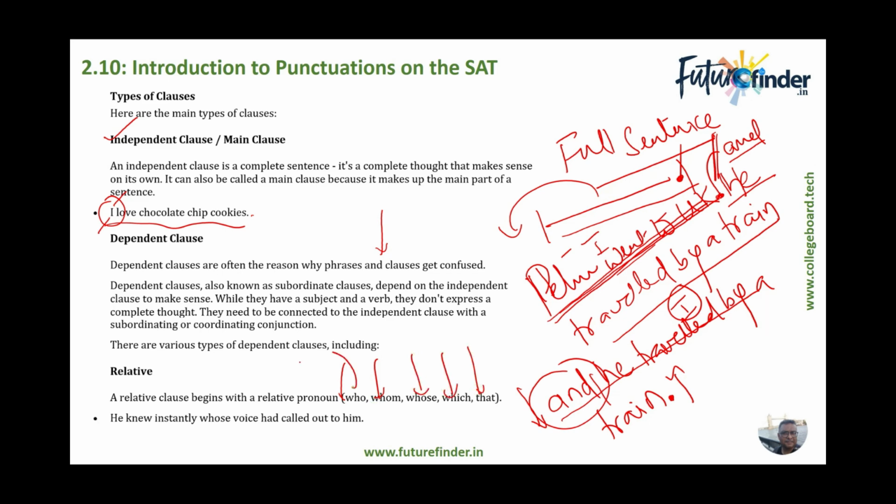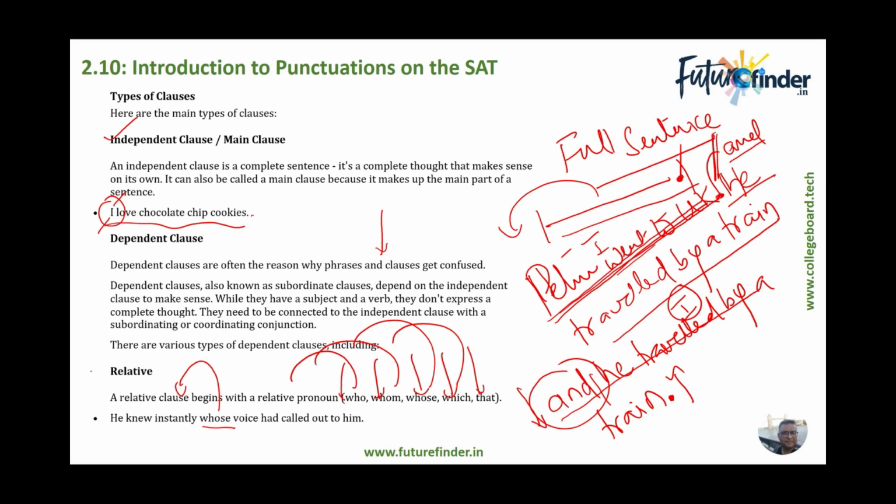That means that we are referencing to something or someone or some place that has already been mentioned somewhere before. He knew instantly whose voice he had called out, whose voice. Okay, so referencing to something, that's a relative clause.